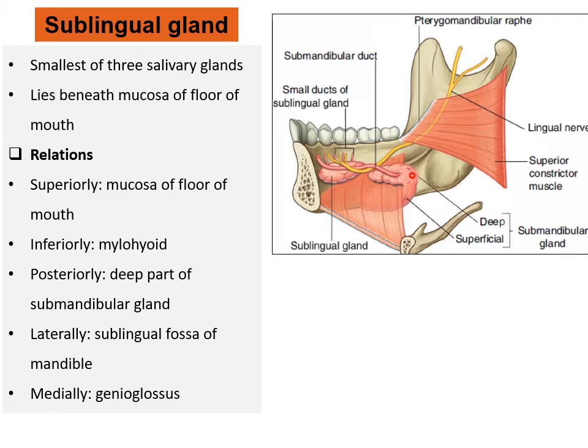In the lower part, on the internal surface of the body, you can see a bigger depression, which is submandibular fossa. So the sublingual gland, laterally it is closely related to the sublingual fossa of mandible. Medially, it is related to a muscle of tongue called genioglossus.